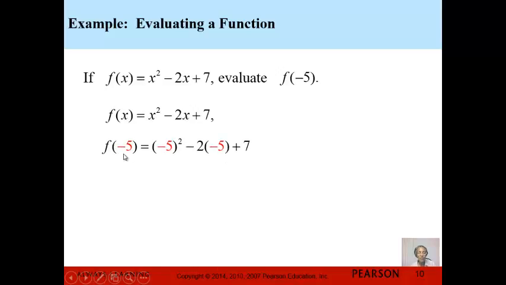And now we have f of negative 5 equals the square of negative 5 minus 2 times negative 5 plus 7. The order of operations says first apply the square to negative 5. You'll get 25. Then you're multiplying negative 2 times negative 5 to get positive 10. And then, of course, you're going to add 7. And the result is 42. So f of negative 5 equals 42.